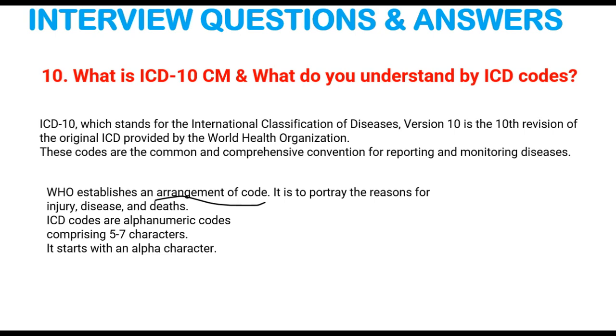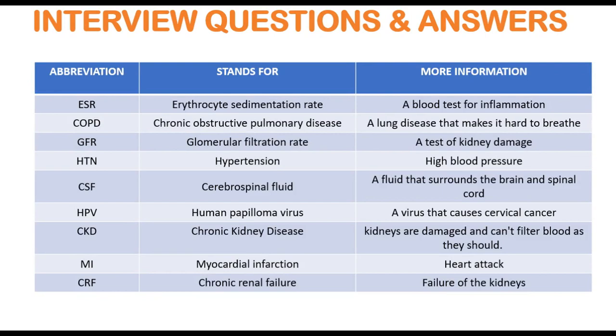Next, I have mentioned a few abbreviations. Here you can see ESR, erythrocyte sedimentation rate, a blood test for inflammation. COPD, chronic obstructive pulmonary disease, a lung disease. GFR, glomerular filtration rate, which is related to the kidney. Hypertension, HTN, high blood pressure.